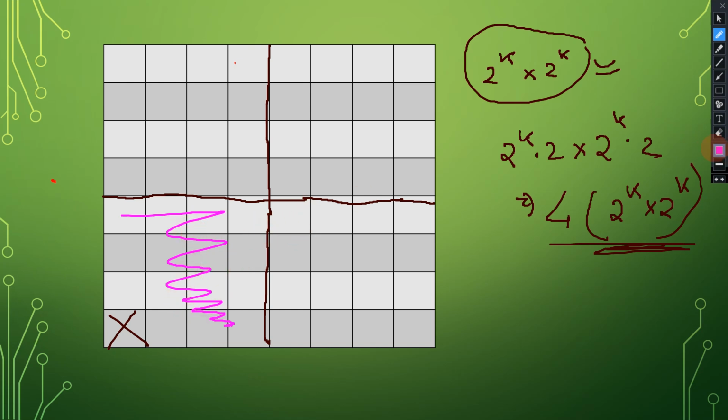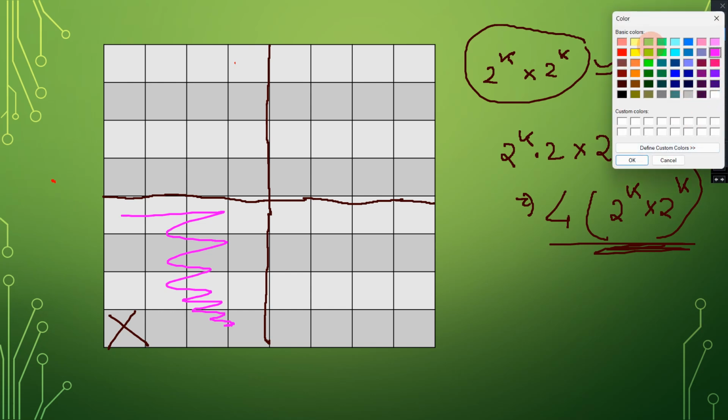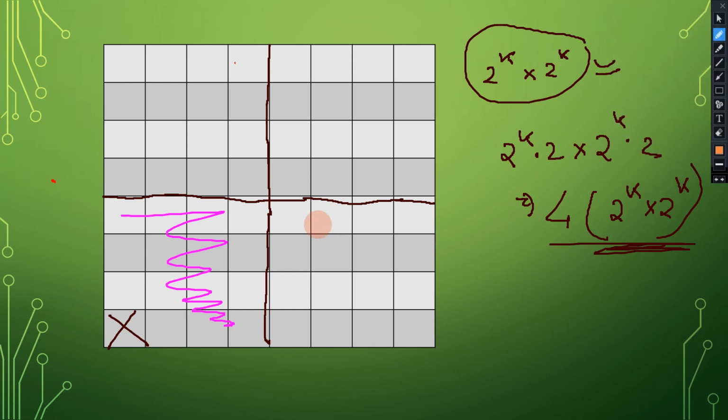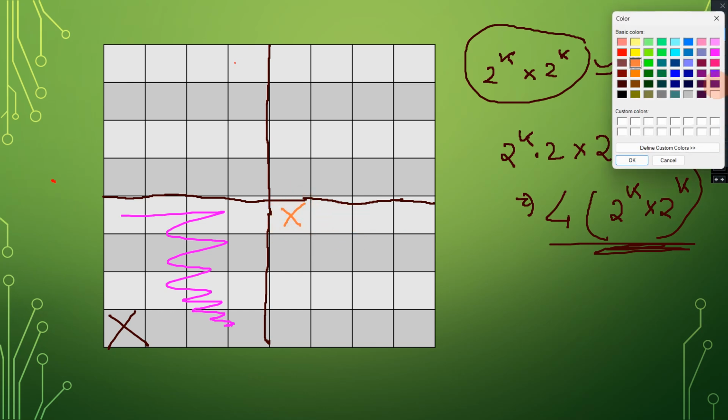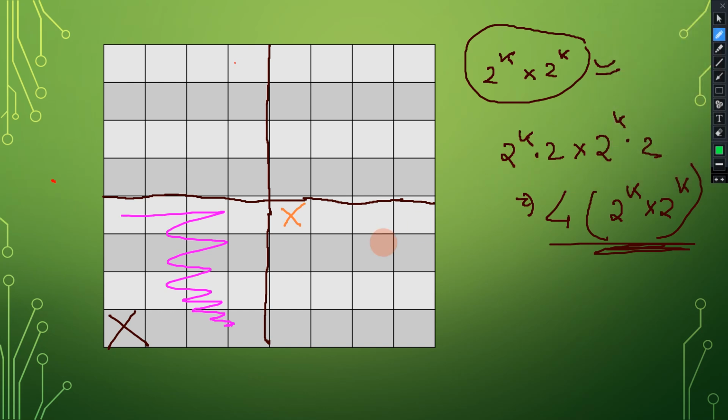Now we will assume that we have removed this tile, and the remaining checkerboard is also of size 2^k by 2^k. Since we assume we have removed this tile, I can cover the remaining checkerboard using triominoes, because we assume the hypothesis to be true.